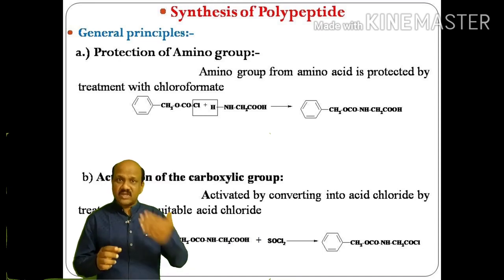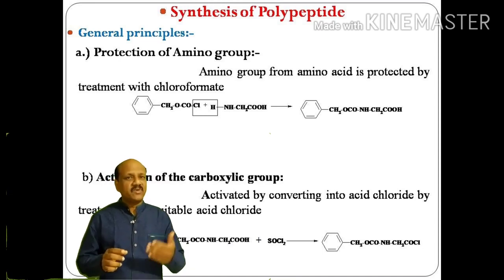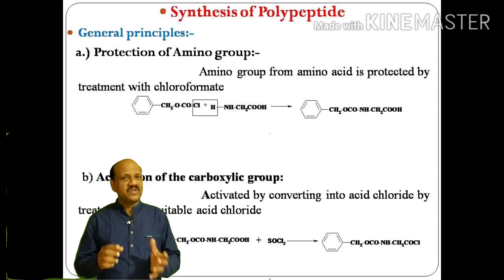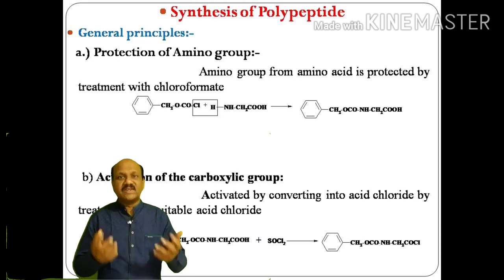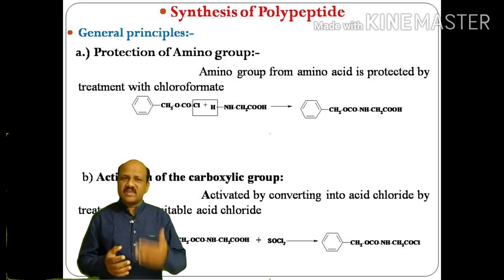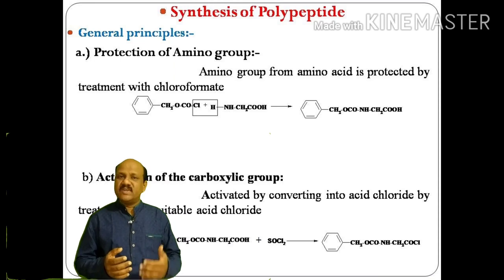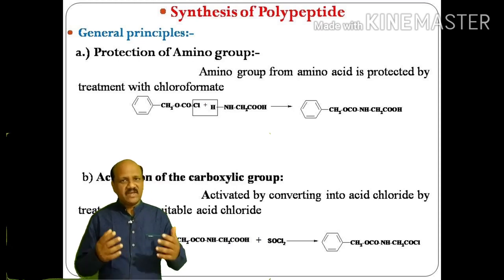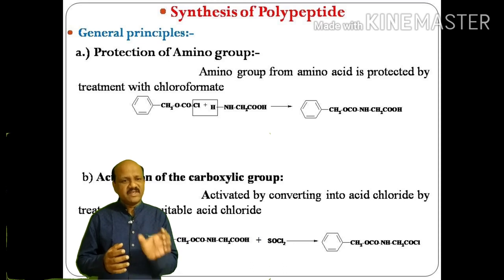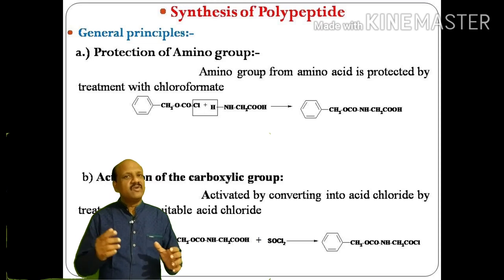If you want to react the carboxylic group, then we must protect the amino group, otherwise the amino group and carboxylic group both get reacted. For that we can use benzyl chloroformate. The benzyl chloroformate molecule reacts with the NH2 part of the amino acid, and a simple molecule, HCl, gets liberated, forming a derivative of that amino acid.